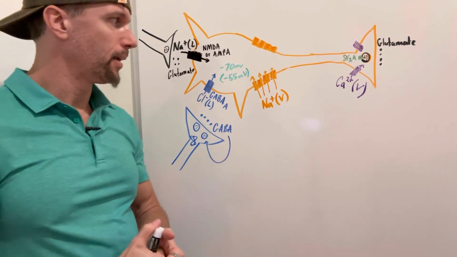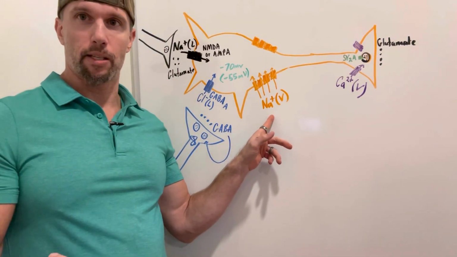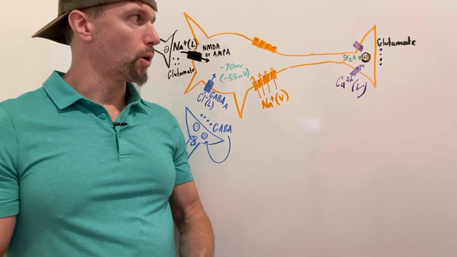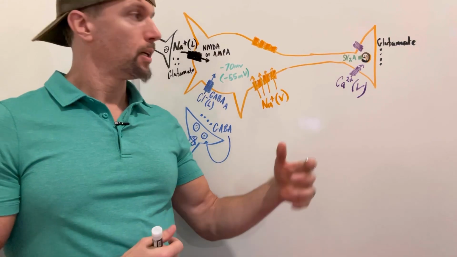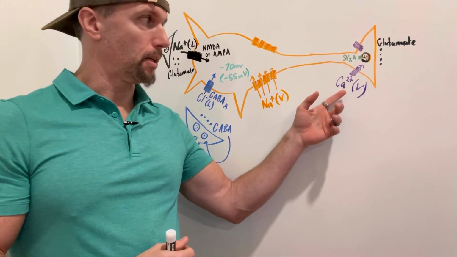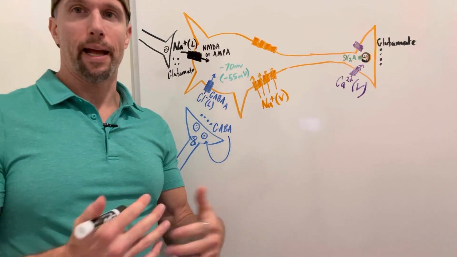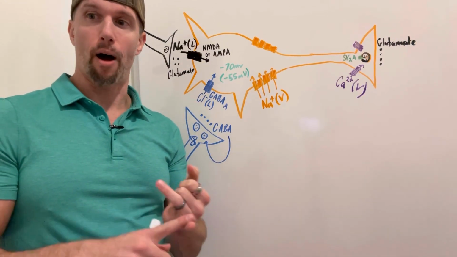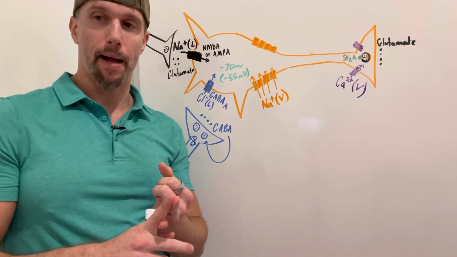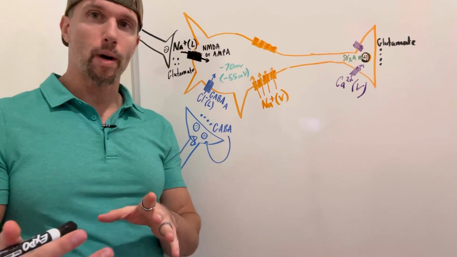So let's recap that. For focal seizures, carbamazepine, which blocks voltage-gated sodium channels. For absence seizures, that would be ethosuximide, a blocker of the voltage-gated calcium channel. And then we have the two generalized seizure drugs for myoclonic and tonic-clonic, the grand mal, and that's valproate and levetiracetam. Valproate has a dual action.